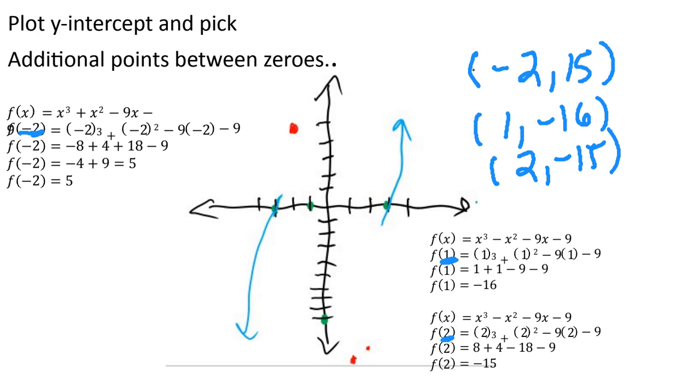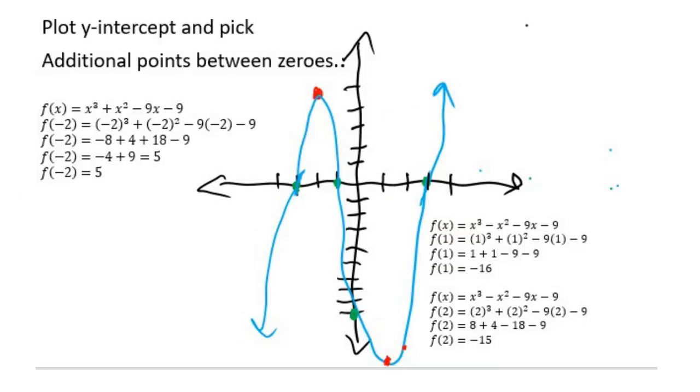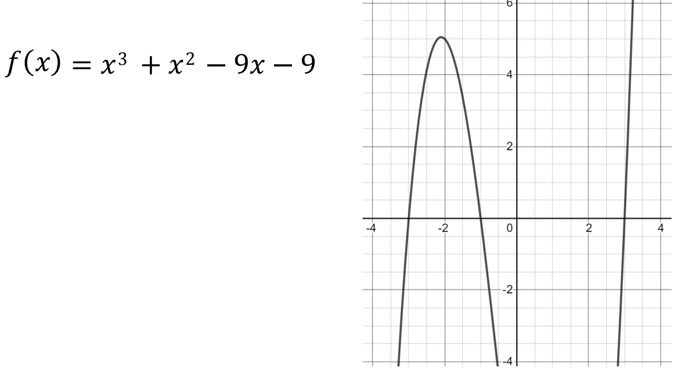And then this green one right here is my y-intercept. Okay, and then we connect everything. And this is the graph for that one. Here it is nicer, but we cannot see the y-intercept, but we can see here that it's crossing at my zeros because they had a multiplicity that was odd.